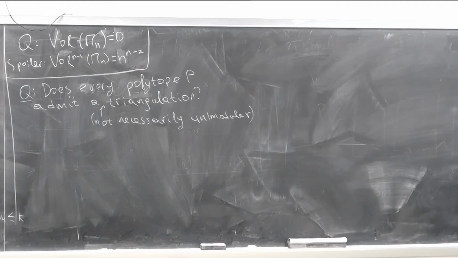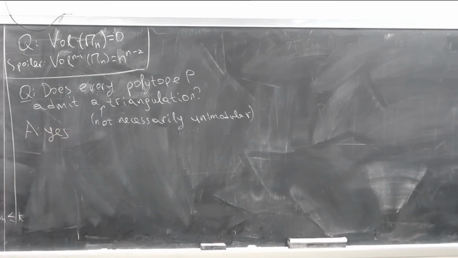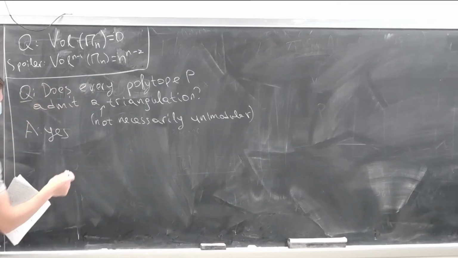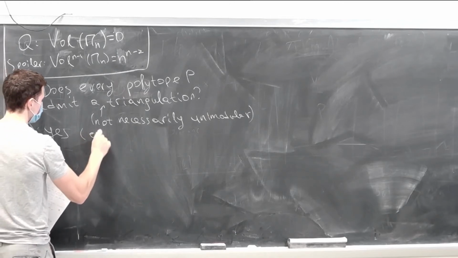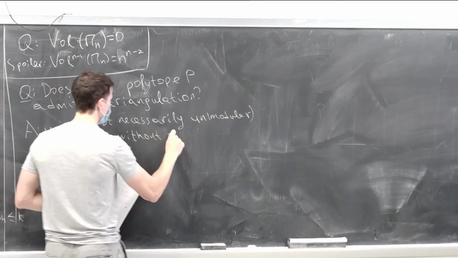Yeah, I think that would actually work. I guess the answer is yes. But let me tell you another easy way to construct a triangulation. So every polytope admits a triangulation, and even a triangulation without new vertices.